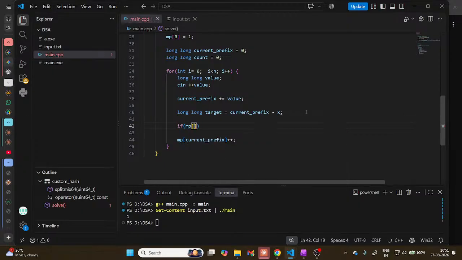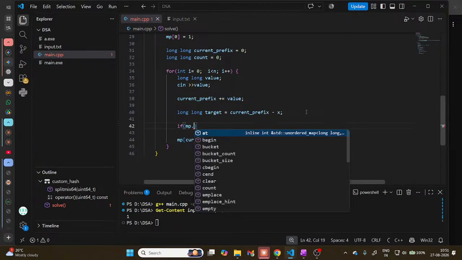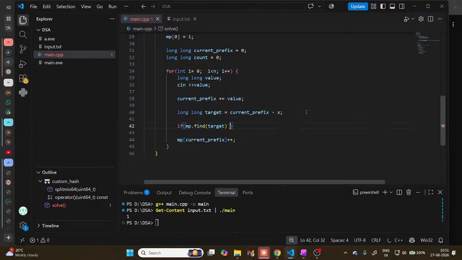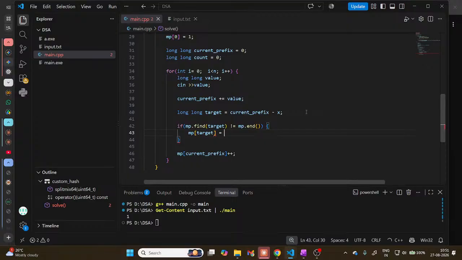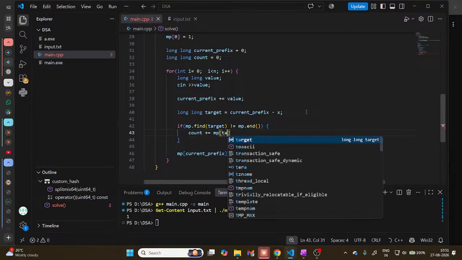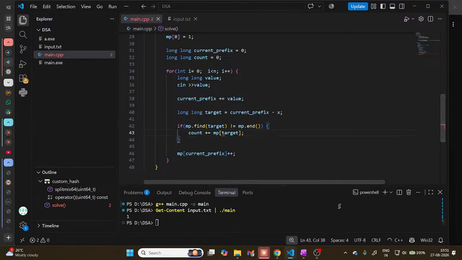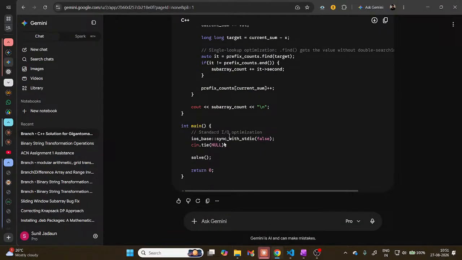If map dot find target is not equal to map dot end, in that case what I will do is count plus equal to map of target. Very simple thing.